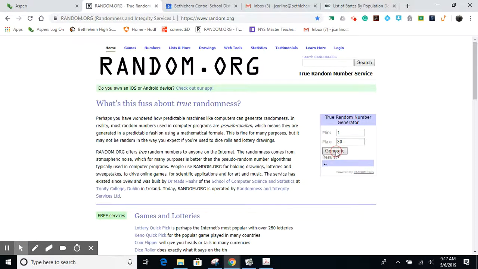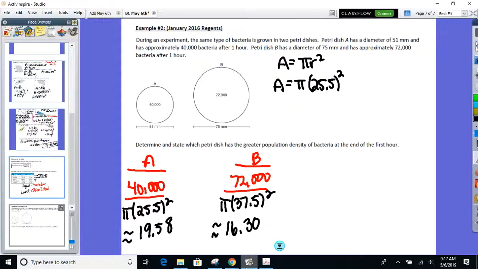Let me know when you're ready. Who has the higher one? How'd you get B? What are your population densities for A and B? Yep. And then what about for B? So you're just guessing.